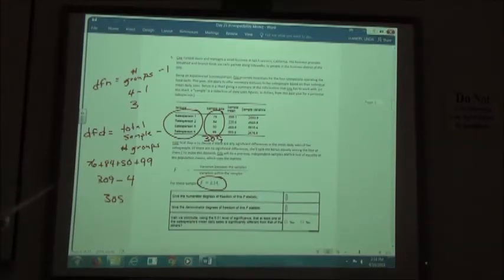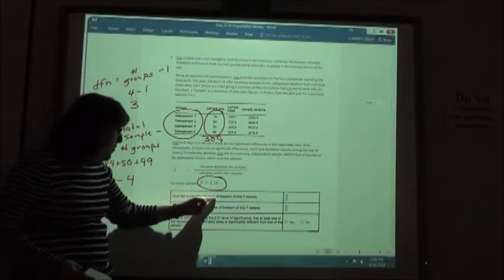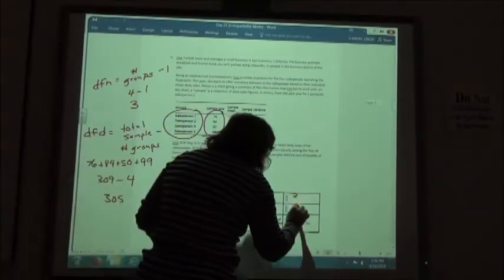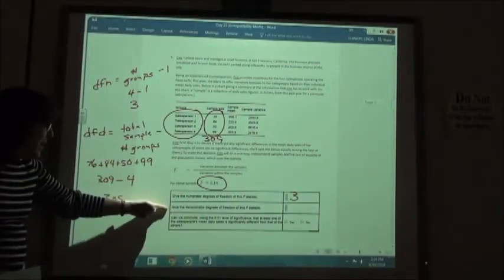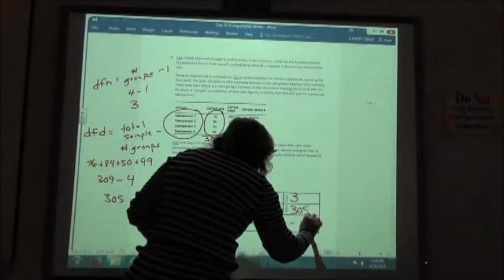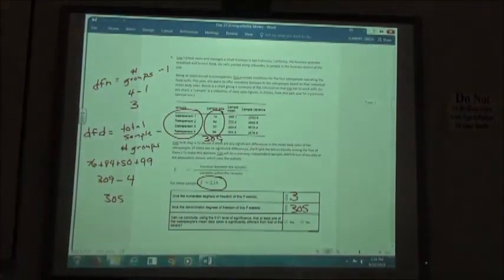So then I can calculate my test statistic, and in this case, they divided it up. Give the numerator degree of freedom. Well, we figured that out already. It was 3. Give the denominator degree of freedom, 305. And then it asks, can we conclude? But to conclude that, I first have to find my p-value.